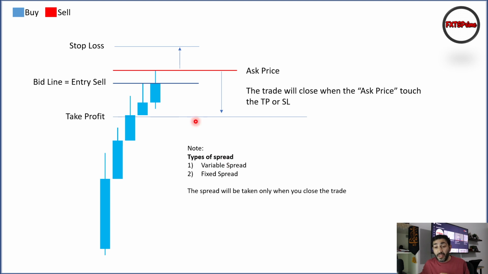The difference between the ask line and the bid line sometimes will be bigger, sometimes smaller. So this is positive and negative. Positive, when the spread is small, your stop loss will last more. However, when the spread is more, your stop loss will be triggered fast. So it's a positive thing and a negative thing.